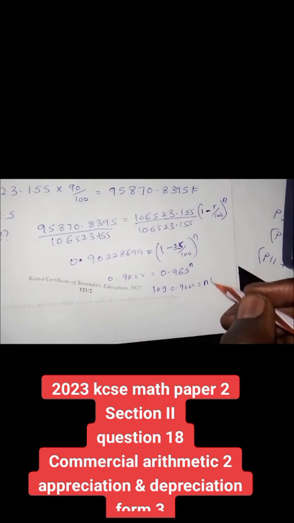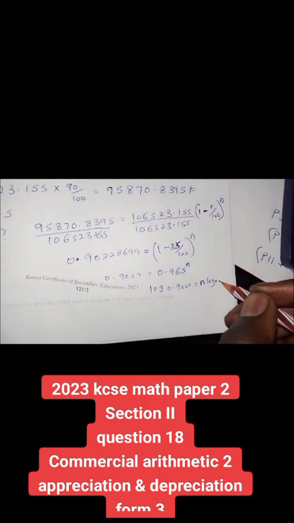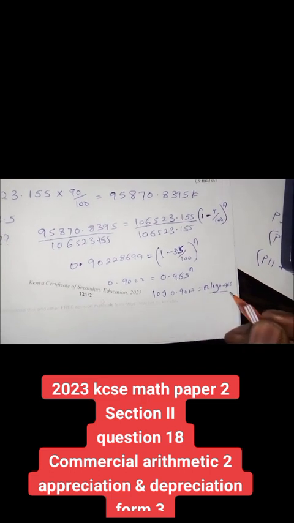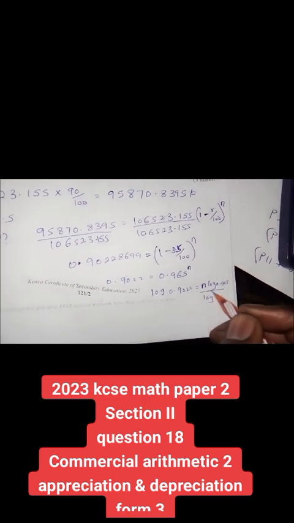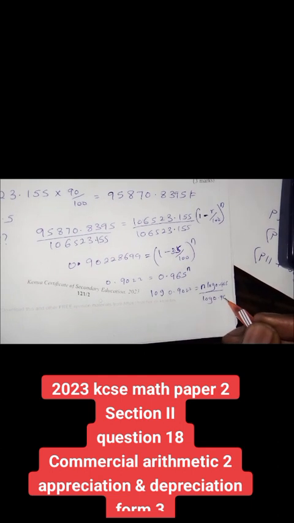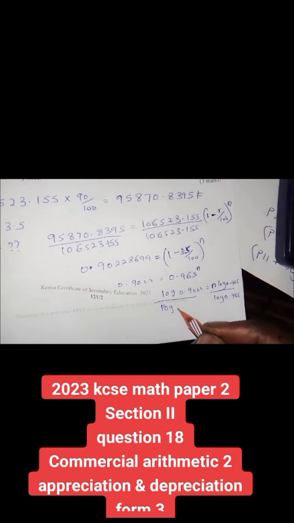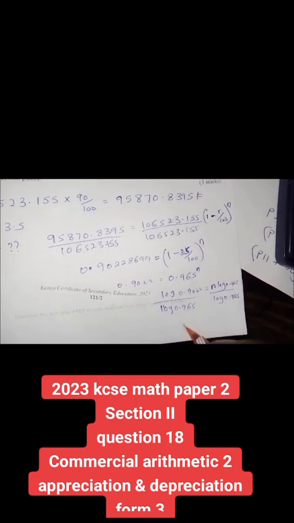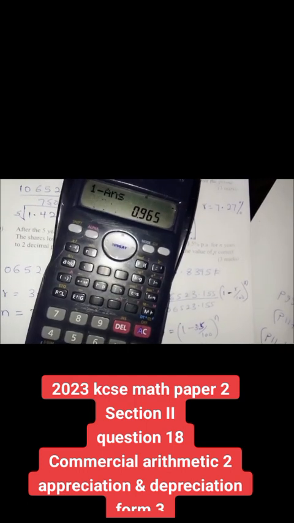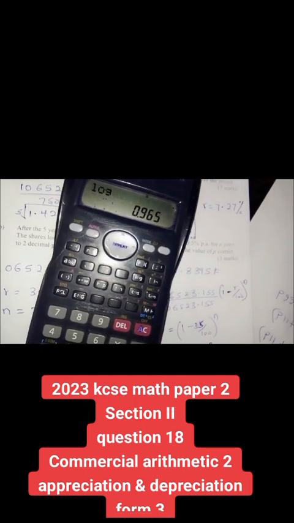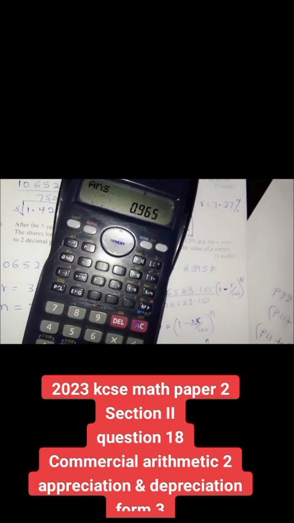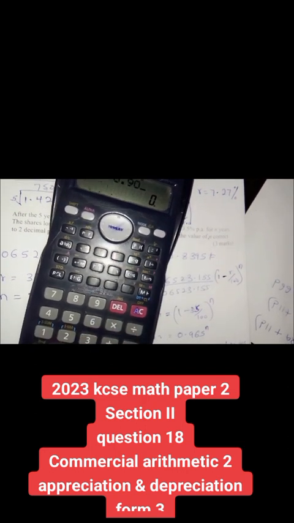To remain with n, I divide both sides by log 0.965. Therefore, n equals the log of 0.9022 divided by the log of 0.965.